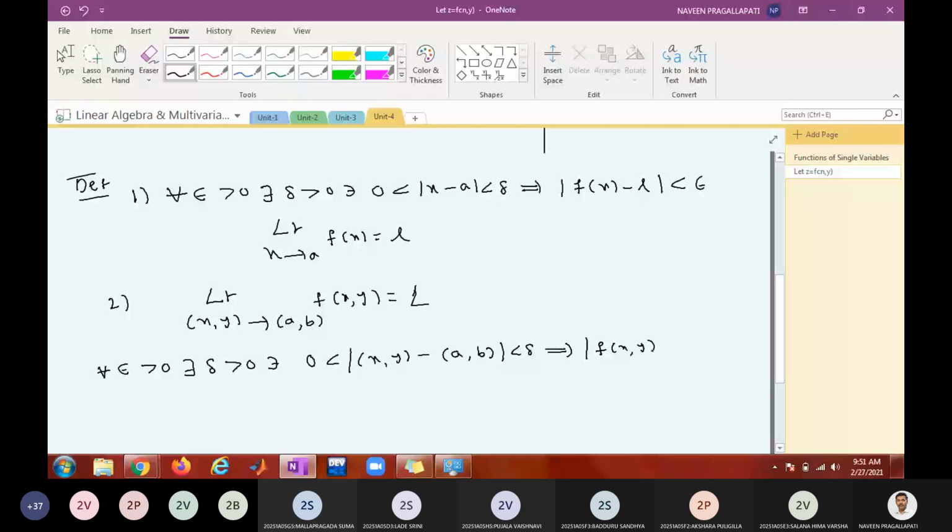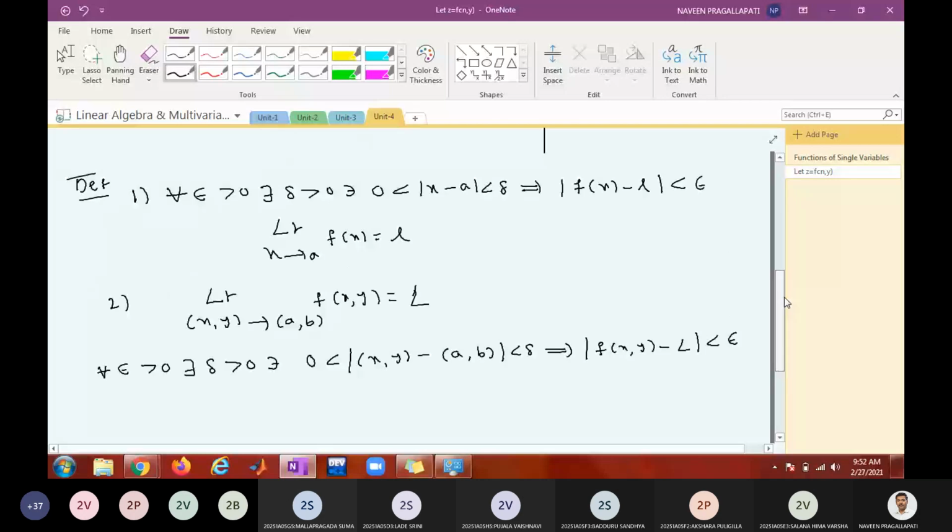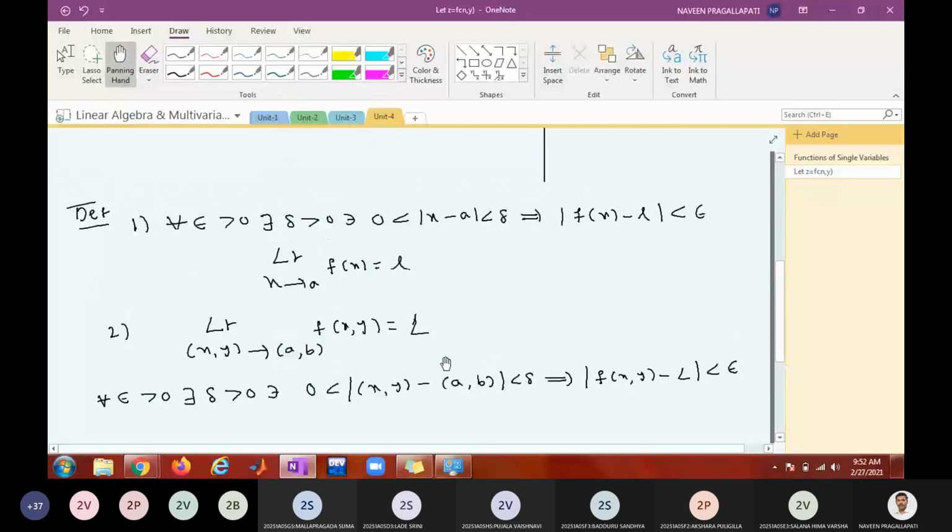Is it not the natural way of defining the limit for a function of two variables? Do you agree or not? Is it not similar to this definition? Now, how do you interpret this geometrically?